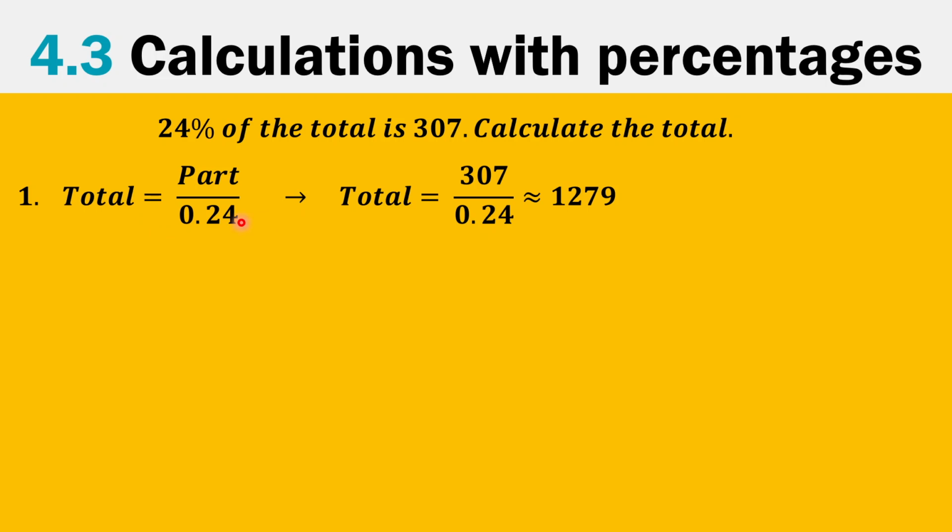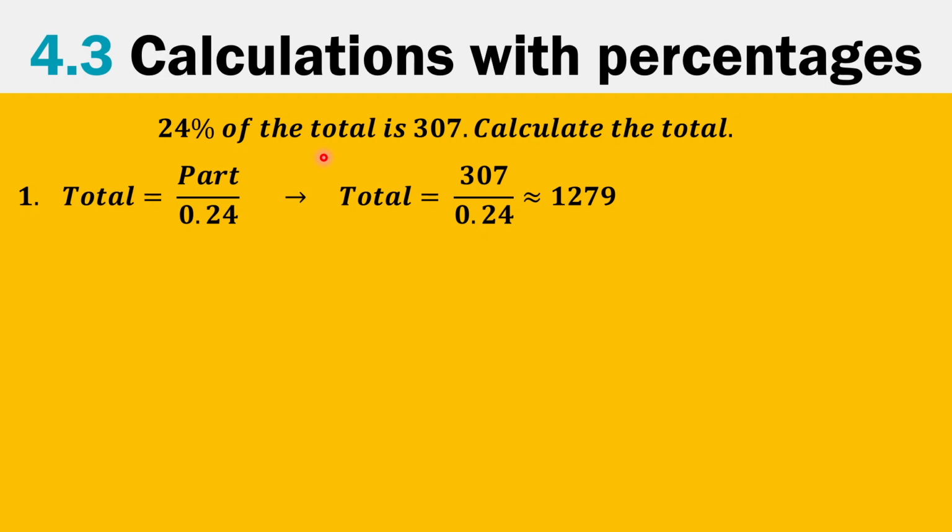Calculation 1. The total is the part divided by 0.24. The total is given, the part is given, so the total is 307 divided by 0.24 gives me approximately 1279. This is one way that you can write down your calculation.